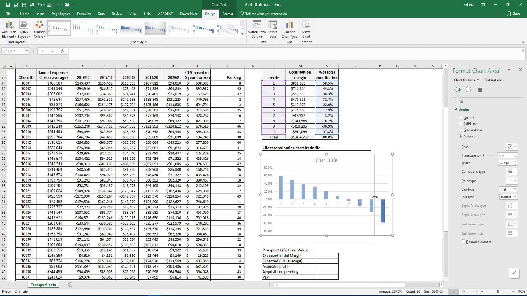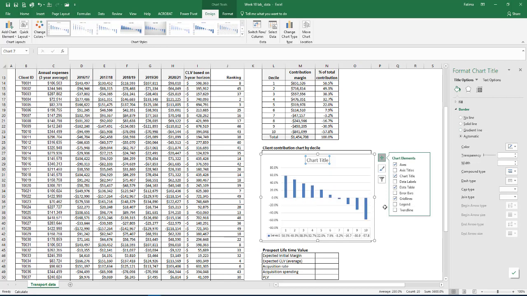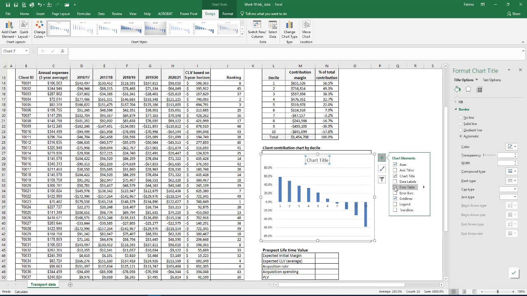You can put your table here and then adjust the chart. You can change the chart title, and also some of the options here, for example data table or data labels. You can see the percentage of total contribution here.